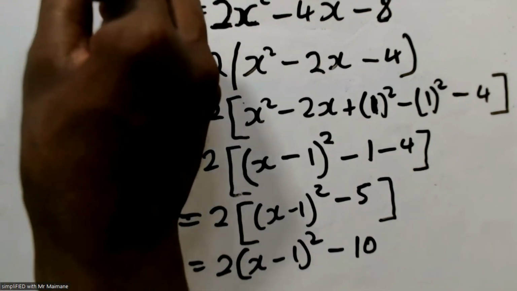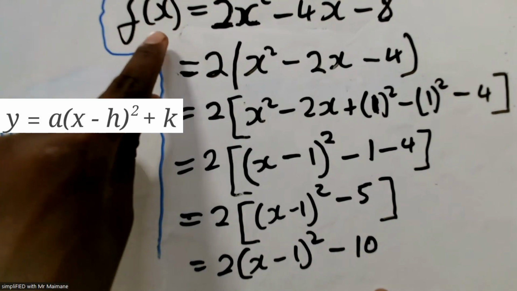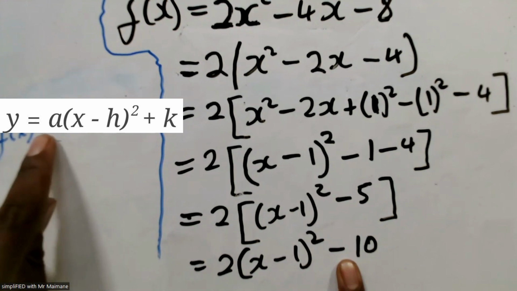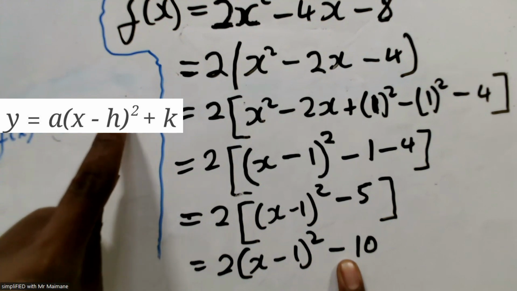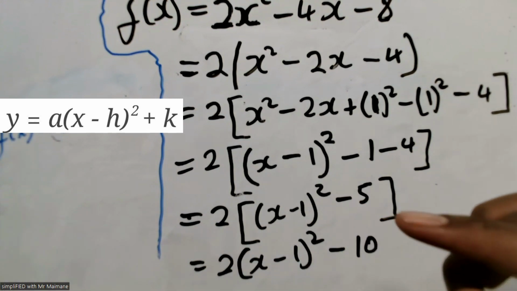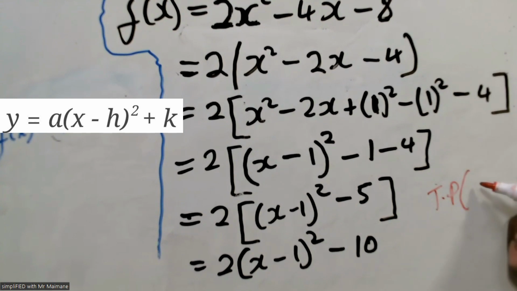We can tell that f of x gave us the final value of this. Now it's in the form f of x equals a times x minus h squared plus q. Here the sign is negative, here the sign is negative. So if we want to take the turning point out, our turning point, which is the vertex, is 1 and minus 10.